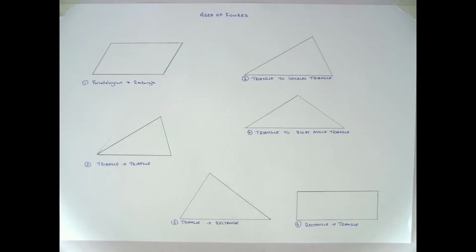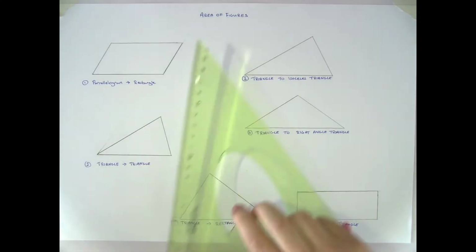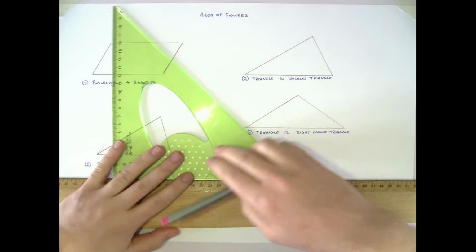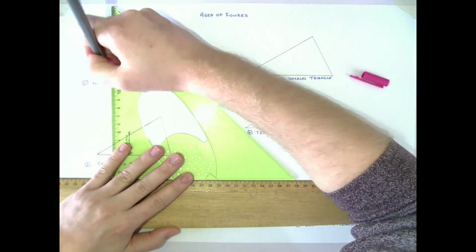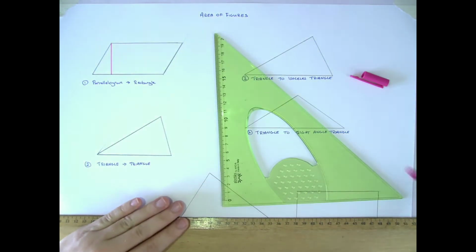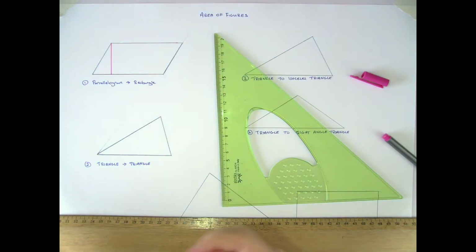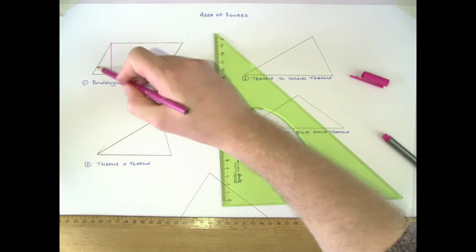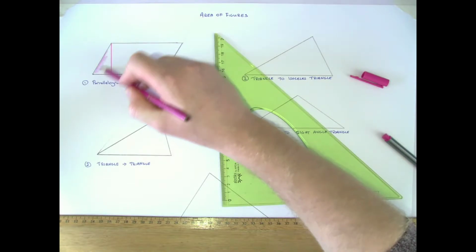So what we're going to look at first is converting a parallelogram into a rectangle of the same area. This one up here. To do this, we are going to first divide this up, and this area here creates a triangle within our parallelogram.